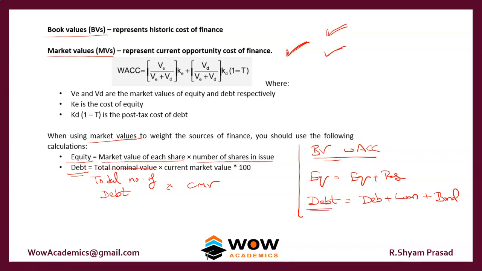The reserve is not required to be added in the market value. Don't add that, because reserves are not to be added in the market value. Reserves have to be added in the book value. So that is a very important point. Ensure that you understand this.